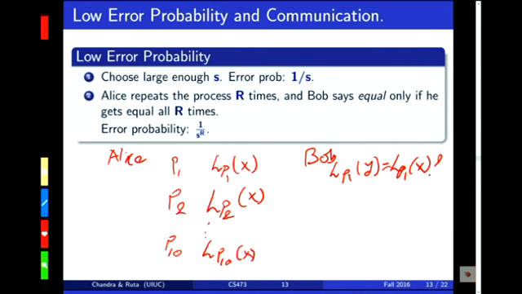Can he do this? He can do this because he has P1 and he has this and he has y. So he can do this computation. What if he does only this? We just proved that if x equals y, he will rightly say equal. If x not equals y, then he wrongly says equal with probability at most 1 over s. Right? Now if he does not only this, but also checks this.